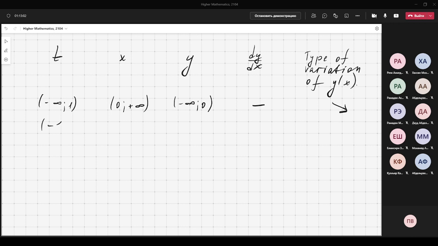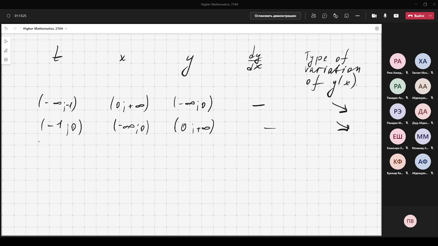Then t from minus 1 to 0, here x from minus infinity to 0, y from 0 to plus infinity, sign minus, decreases.